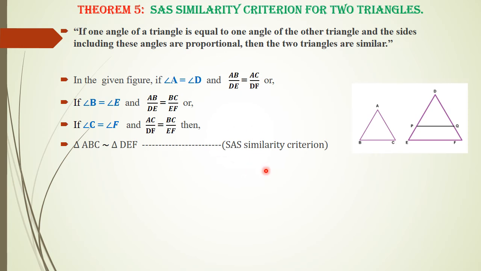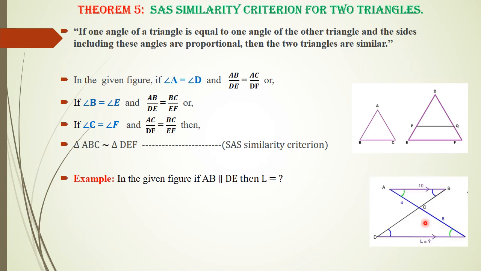Now let us take one example to understand this. Suppose in this diagram AB is parallel to DE, and the value of L is asked, L is here. Now using any one criterion from these three criteria, that is AAA or SSS or SAS, we can first prove these two triangles as similar.